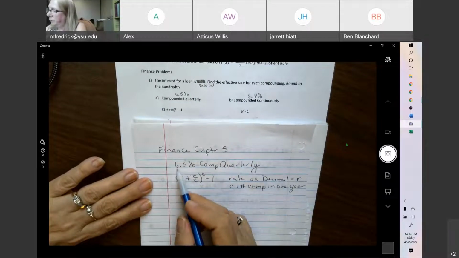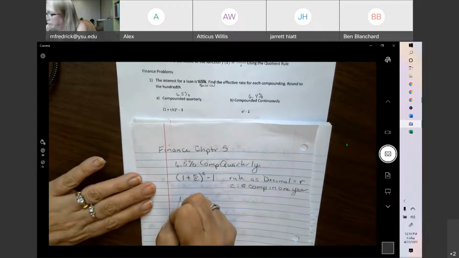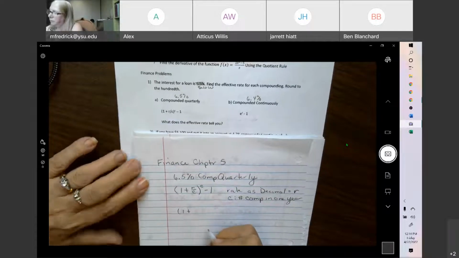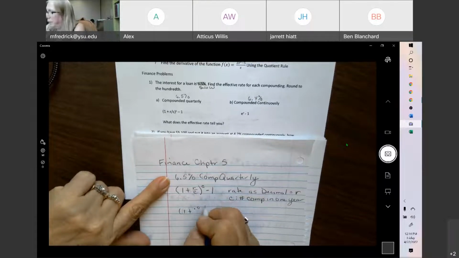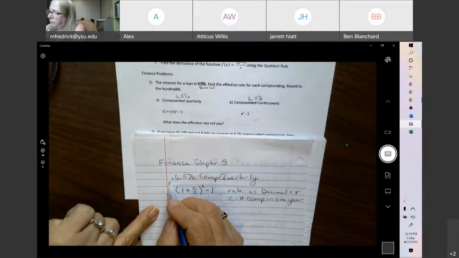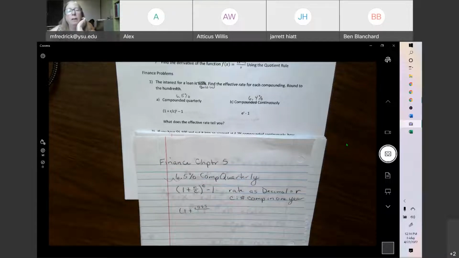So for the first one, 6.5% compounded quarterly. 1 plus 6.5% as a decimal. Remember, just divide it by 100 or move the decimal 2 to the left. If it's compounded quarterly, how many times is that in a year? Anyone? 4.